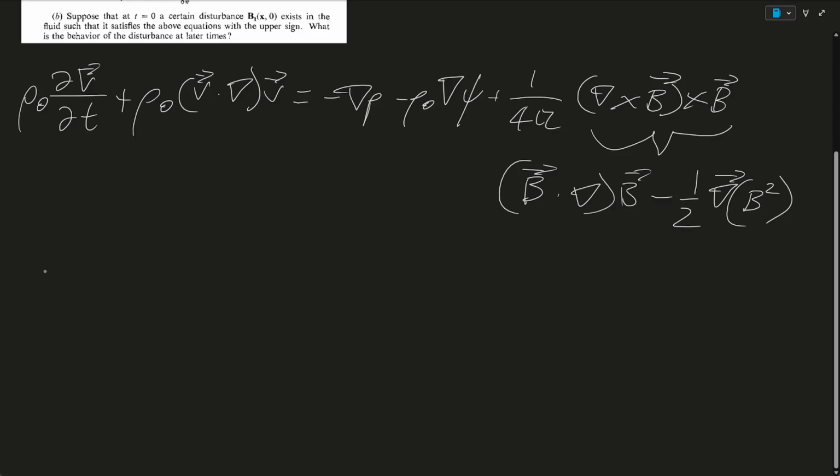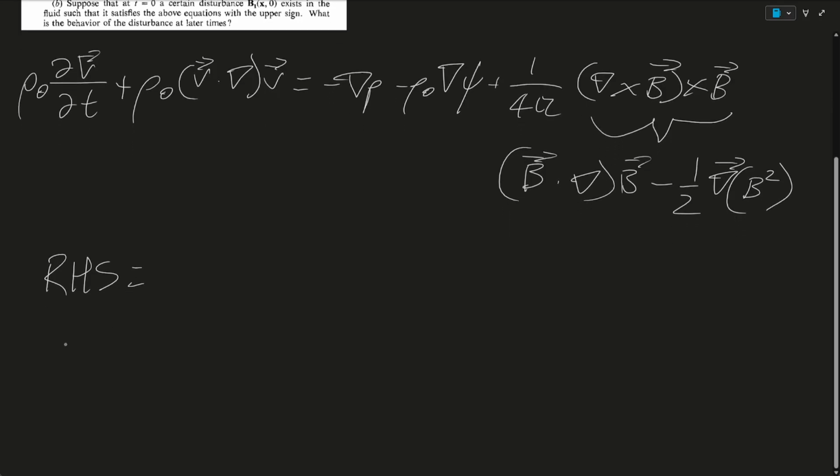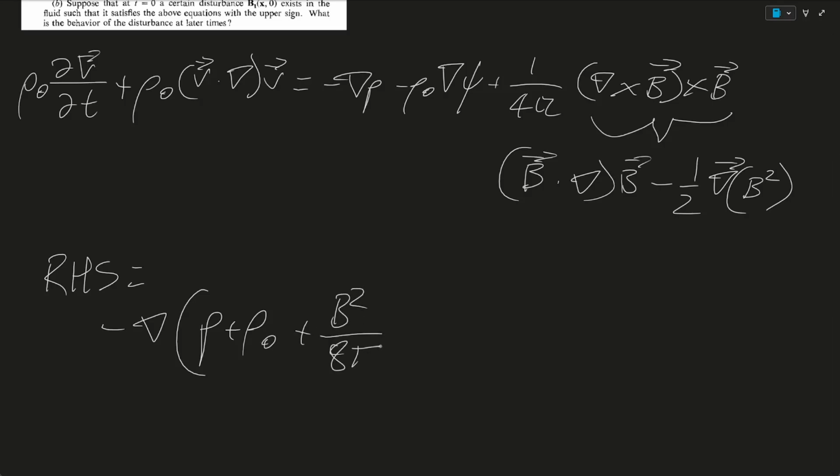We can rewrite the right hand side, I'll just do RHS, is equal to minus del of p plus ρ0 psi plus B squared over 8 pi. Oh, we're looking pretty good, aren't we?